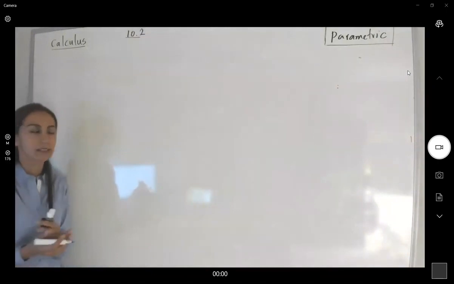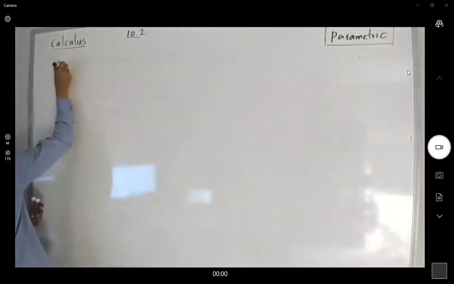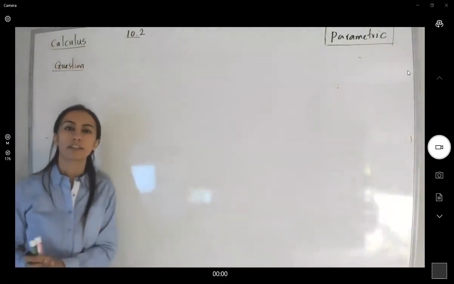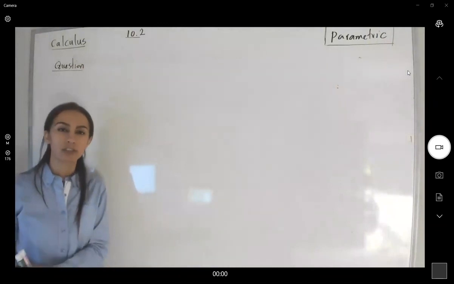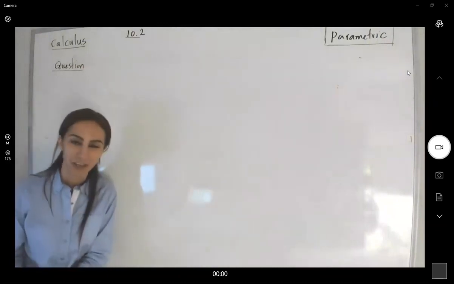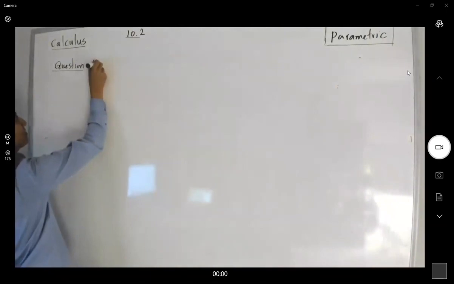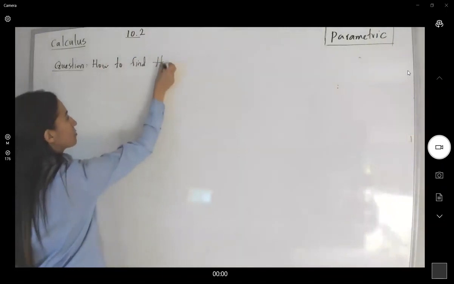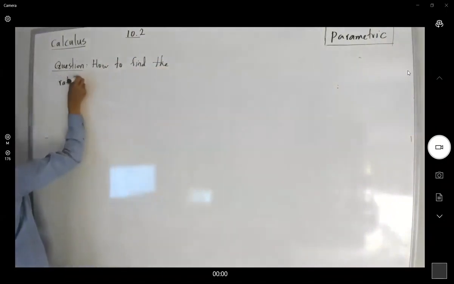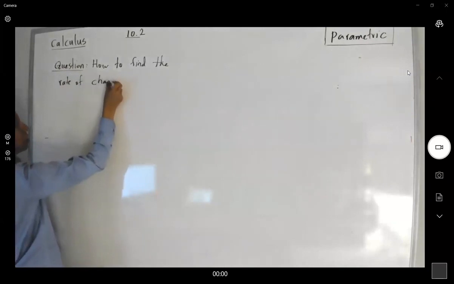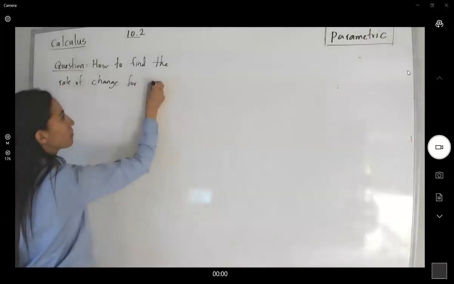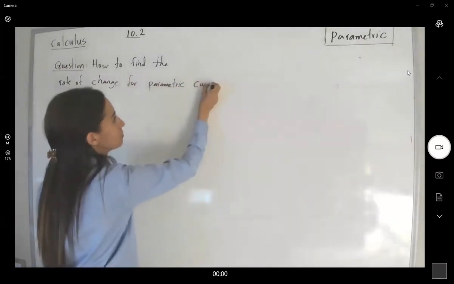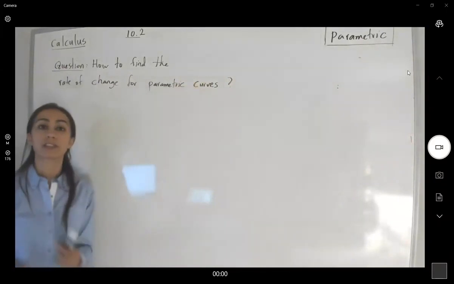The question is, how do you find the rate of change for parametric curves? Why are we interested in that?